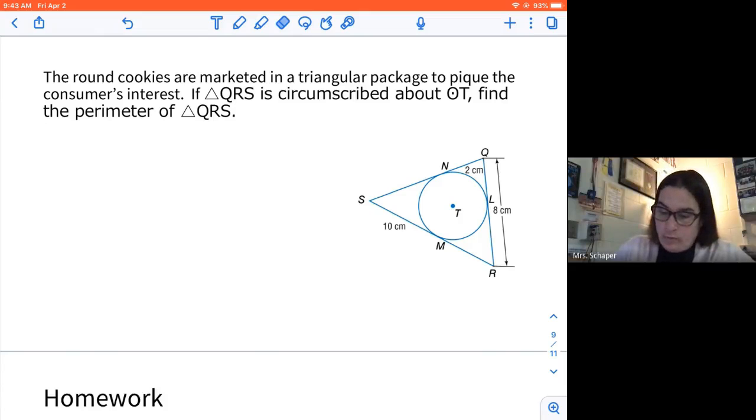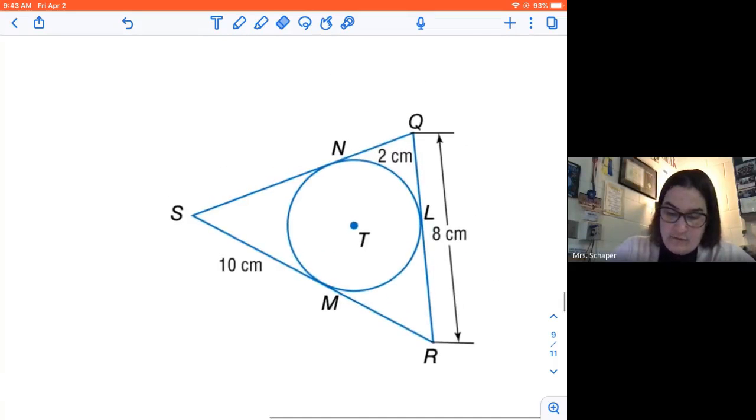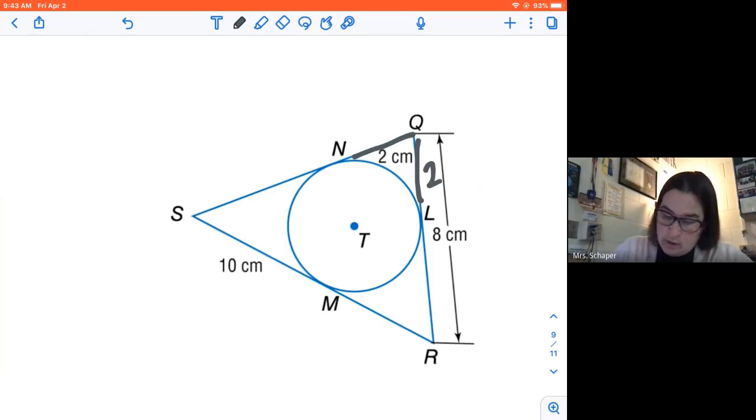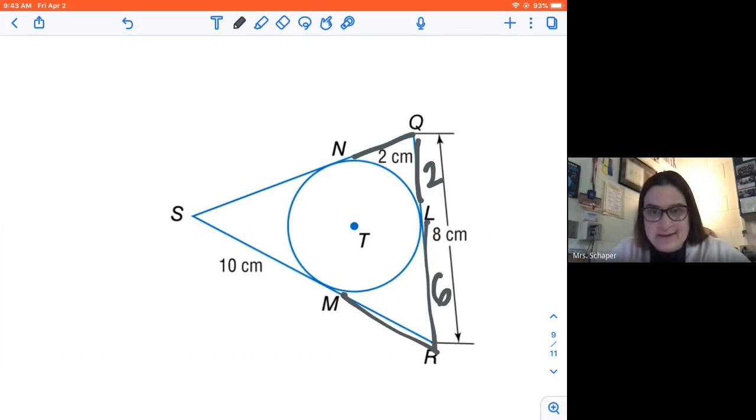Okay, well, we know that if we have two tangents, then they're going to be the same measurement. So if this is 2, this is 2, which makes this 6. Both MR and ML are tangent to the circle, which means they're both the same measurement.